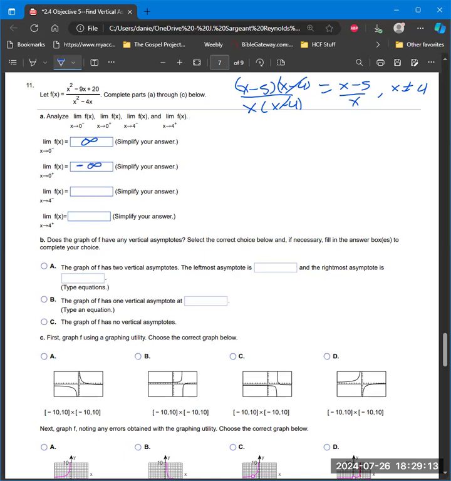As we get close to 4 from the left, that's a negative over a positive there. We're getting close to negative 1/4. As we get close to 4 from the right, that's a negative 1/4 still. Because I'm getting close to a point on the graph, I'm squeezing in on that point.